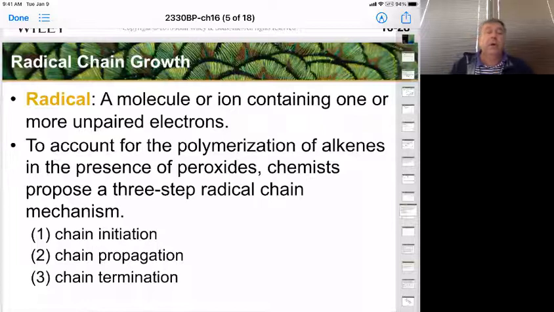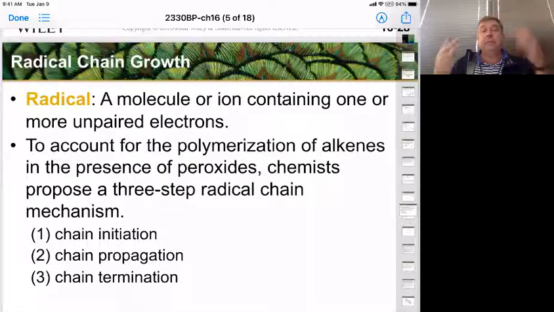Okay, so most of these are actually initiated. Oh, sorry, there's 3 steps in the radical chain mechanism. We have to initiate, and we usually initiate with something that is easy to make a radical with, something like a peroxide, which we'll talk about in a minute. The next step is chain propagation.